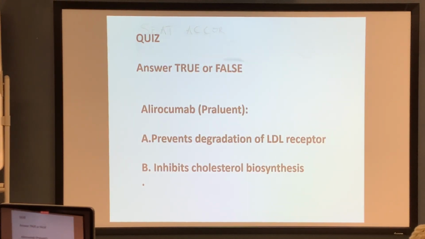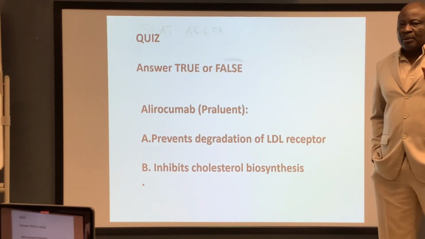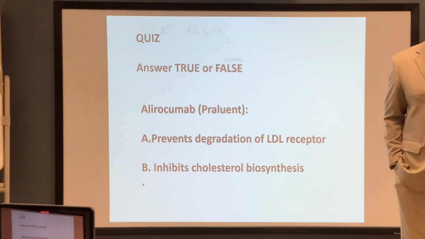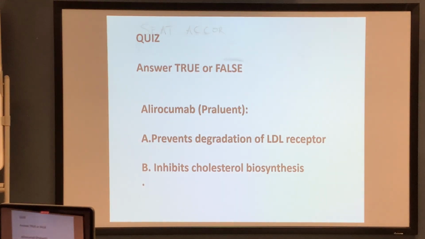Answer me true or false. Alirocumab prevents degradation of LDL receptor. You know, it's a PCSK9 inhibitor. That's true. Remember that the enzyme degrades.